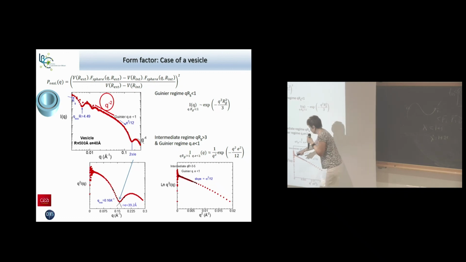If you plot the logarithm of Q squared times intensity, in the intermediate regime the scattering function is like this. If you plot the logarithm of Q to the power 2 times the scattering intensity versus Q squared, you have a slope, and the slope gives you directly the thickness of the membrane. And if you are lucky, you will see a nice oscillation also, which is due to the membrane thickness.